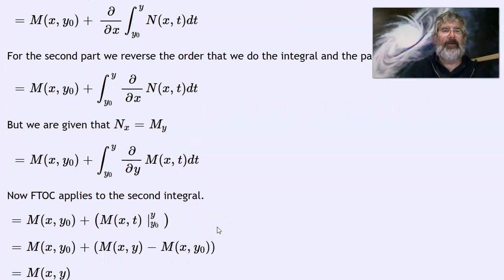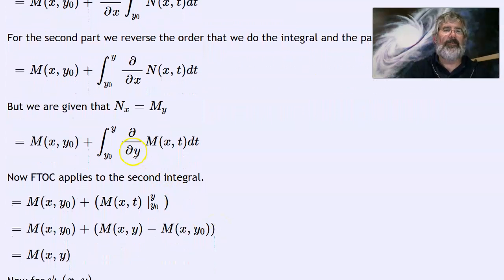But now I'm back to a fundamental theorem of calculus again, where if I take the partial derivative of this thing with respect to y, and then I integrate it with respect to y, I would just get the y's plugged in here. I take the derivative, take the integral, get back to where you started from, maybe with a plus c, but the plus c will go away when you do the subtraction of those two things.